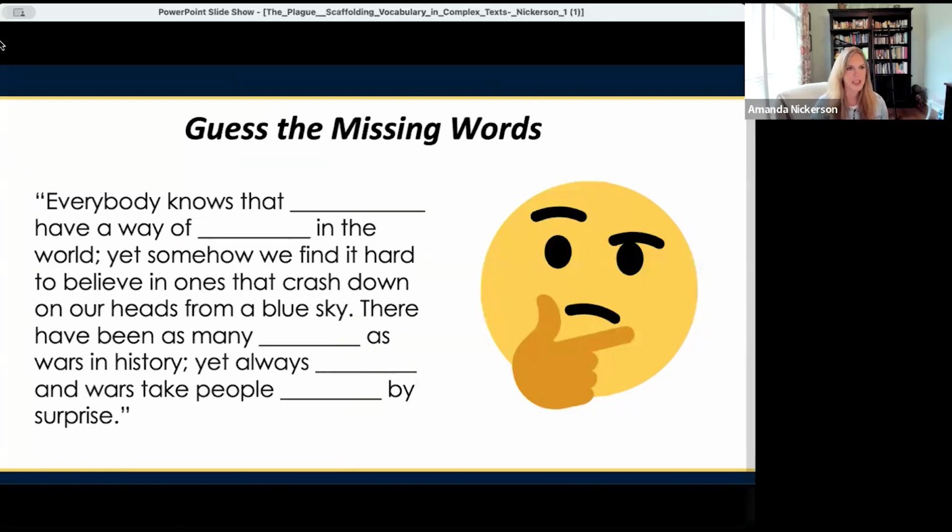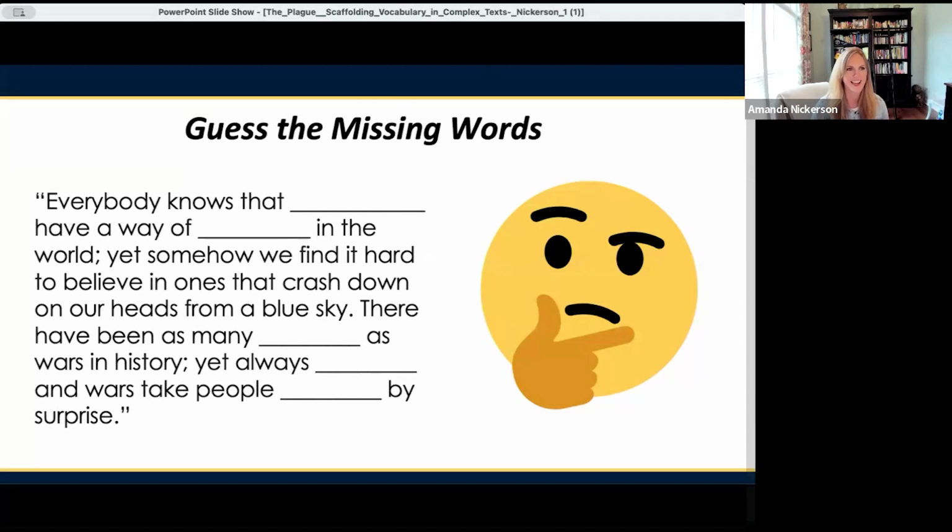All right. And just so that I can see that the wheels are turning, if you feel like putting a word in here for the first line, show me what you think that might be for those of you who are attending live. Everybody knows that blank have a way of blank in the world.